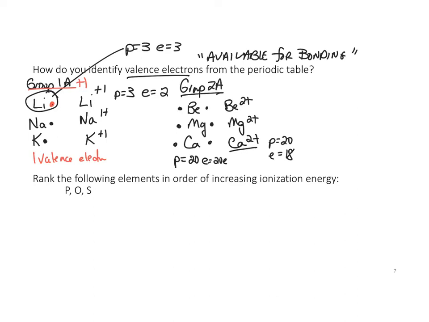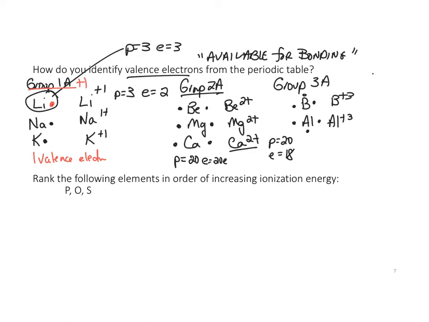Don't worry about the transition metals. You can go on to the main group, which is group 3A, and you'll see boron and aluminum. They typically have 3 valence electrons, and that's why they form a +3 charge, and aluminum does a +3 charge.